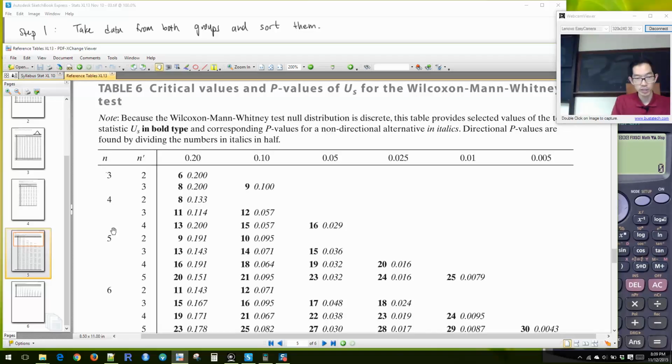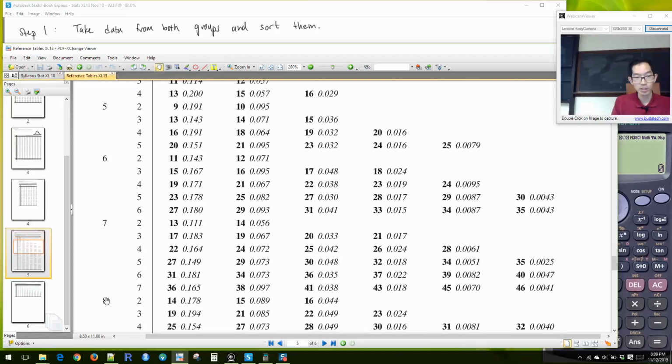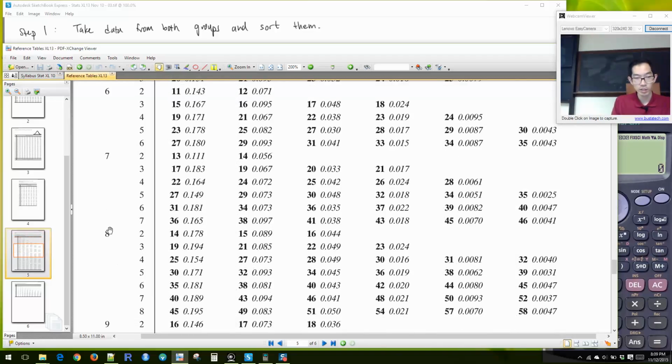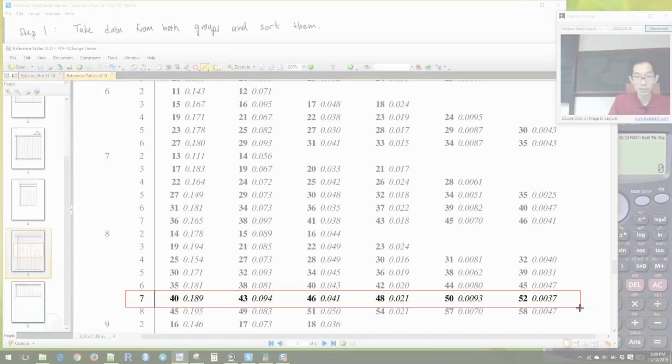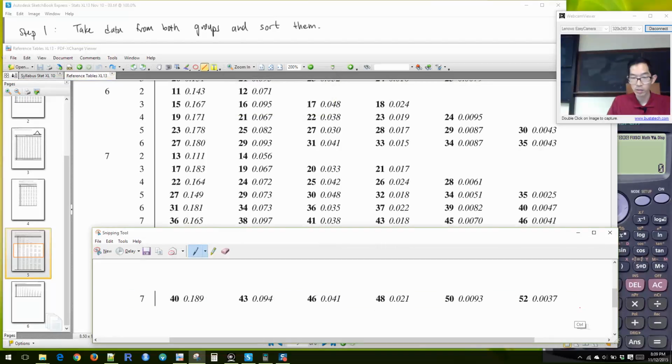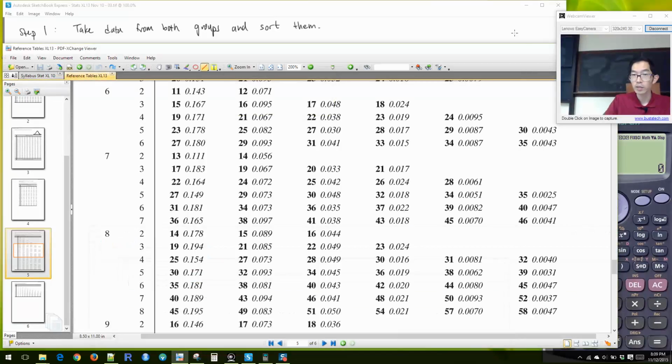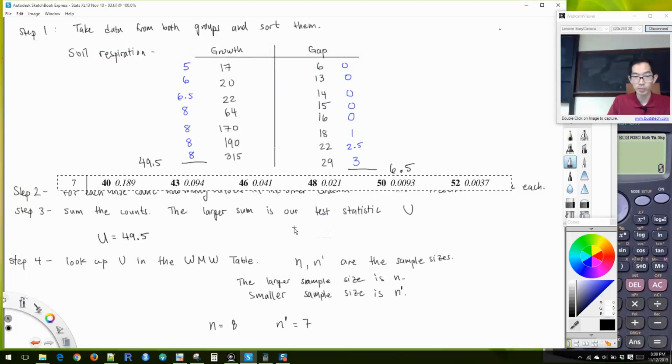So we're going to go to n equal to 8 and n prime equal to 7. So this is the, here I'll just copy this over. So this is the relevant row from the Wilcoxon-Mann-Whitney table.